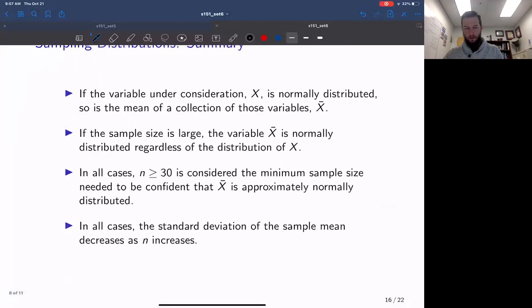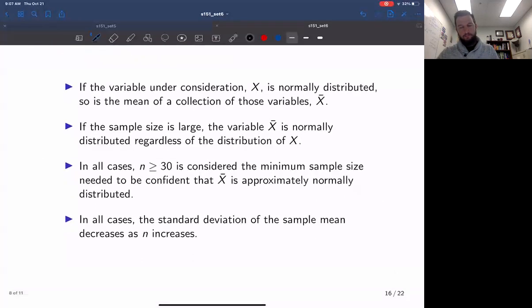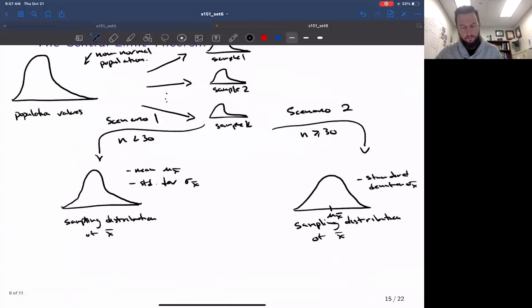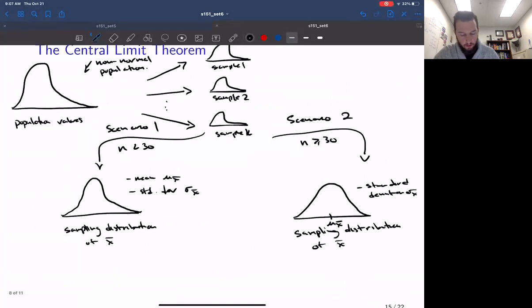On slide 16, I'm just summarizing. This goes back to the point I was trying to make earlier. The mean, mu x bar, and standard deviation, sigma x bar, are always there, no matter what the sample size, no matter what the distribution.